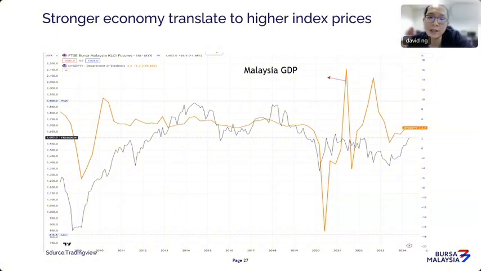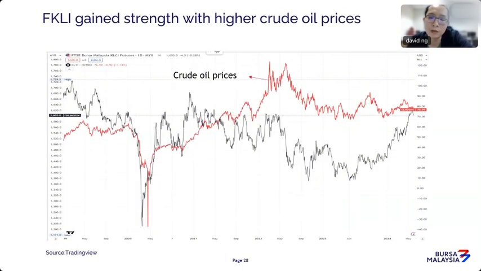That in a way coincides with the strength of its economy. Now, crude oil prices, like I mentioned, Malaysia is a very oil domestic driven economy. So you can clearly see when you have high oil prices, generally that benefits KLCI, because a lot of the trade, a lot of Malaysia exports are still oil dominant. So oil prices normally benefit the KLCI index in general.